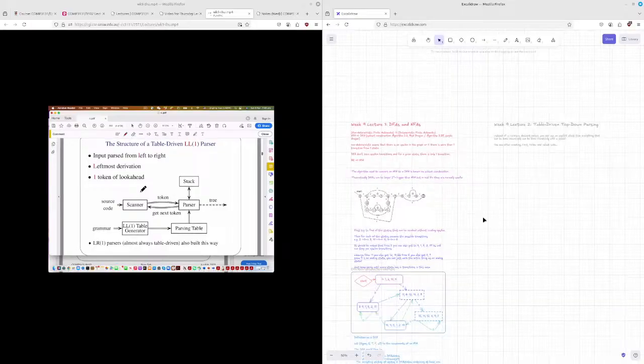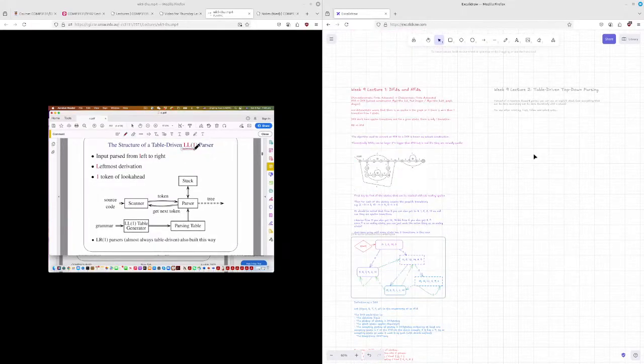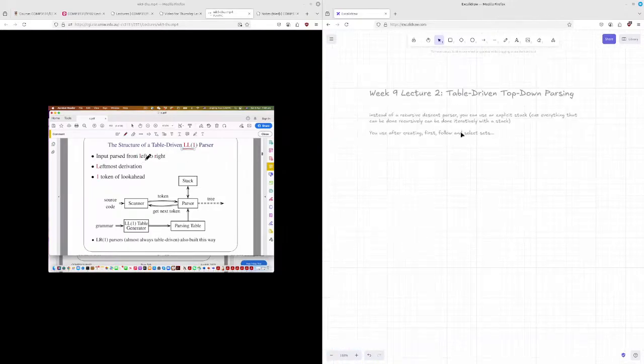So this is basically how a table-driven so-called LL(1) parser works, and we should be familiar with this jargon now. The first L means we always read input from left to right. The second L means the parser discovers the leftmost derivation. The 1 means the parser makes use of a single token of lookahead. If you look at the diagram below, this is where the scanner is, this is where the parser is.